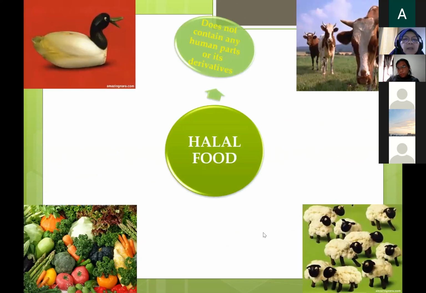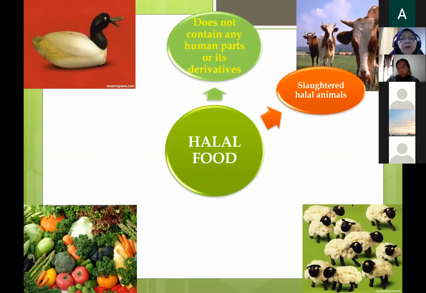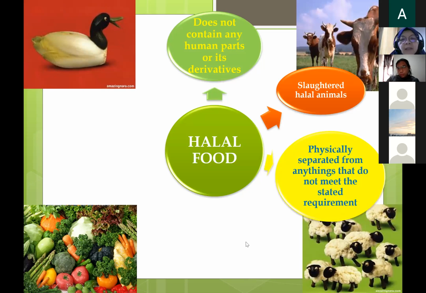So basically, halal food does not contain any human part or derivative. The animal must be slaughtered according to Sharia, and must be physically separated from najs and from prohibited or haram food. Halal food does not contain najs.